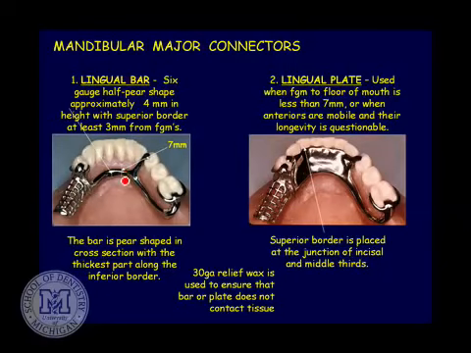And again, you need 7 millimeters at least, because you want the width of your lingual bar to be at least 4 millimeters tall. And the lingual bar, if you look at those things, is typically half pear shaped.